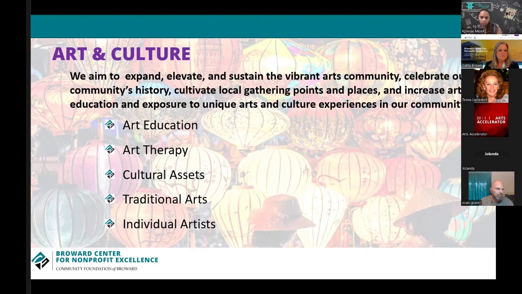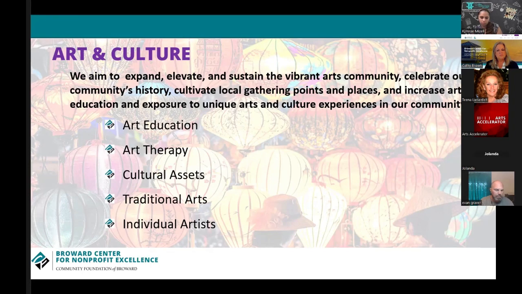Cultural assets. If you're a cultural asset type of organization or an art and culture organization in Broward, this category is absolutely for you. We want to make it very easy for cultural organizations to apply under this category.